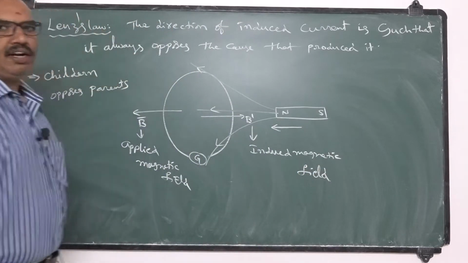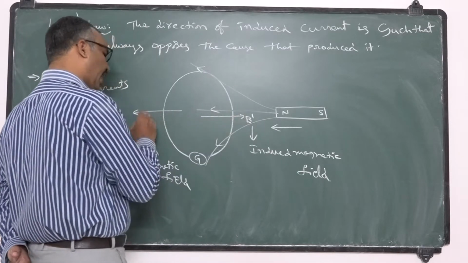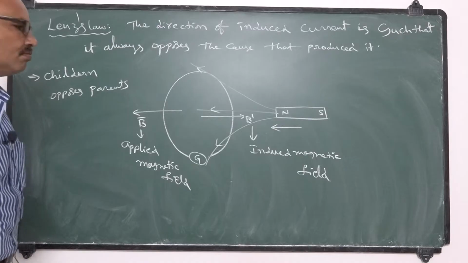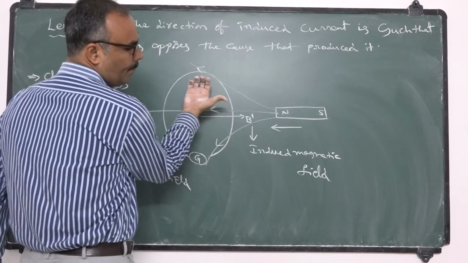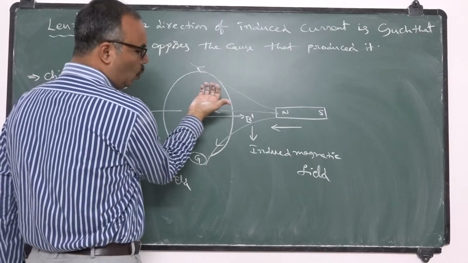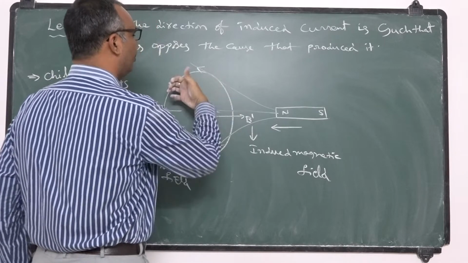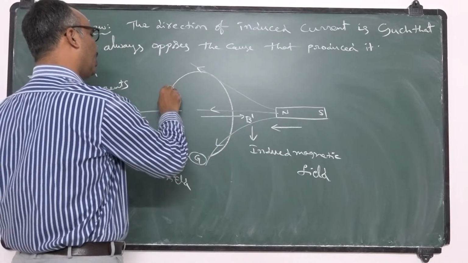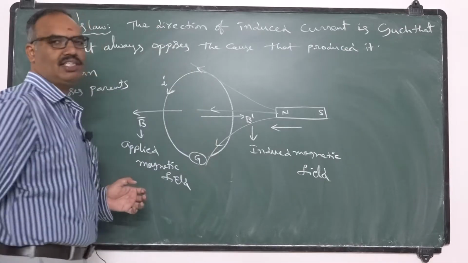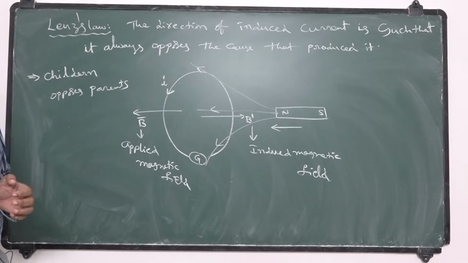This induced magnetic field is opposite in direction to the applied magnetic field. To have a magnetic field in this direction, according to the right hand rule, if the thumb represents the direction of the magnetic field, the remaining fingers are oriented in this direction. So you are getting the direction of the induced current like this.